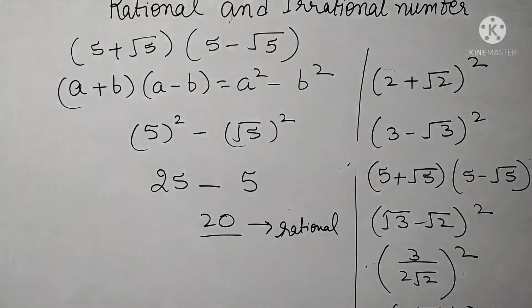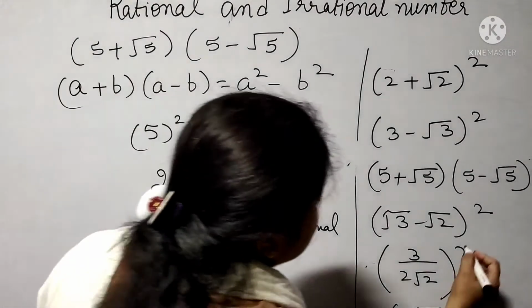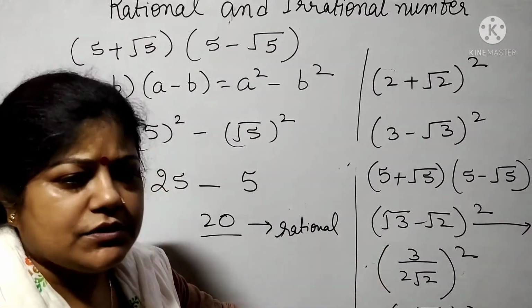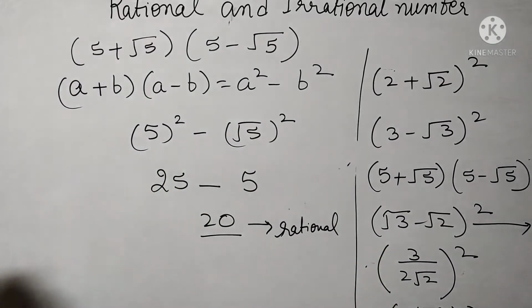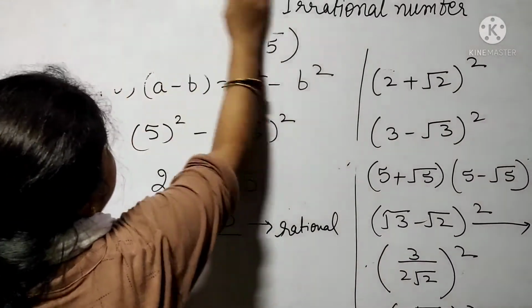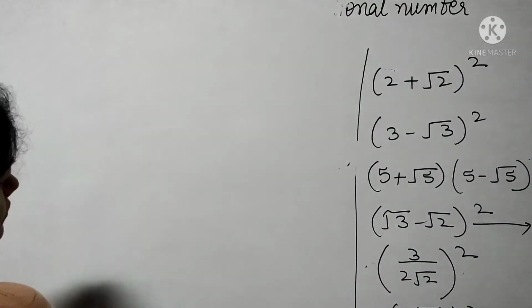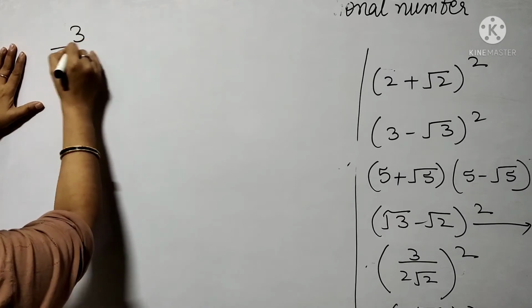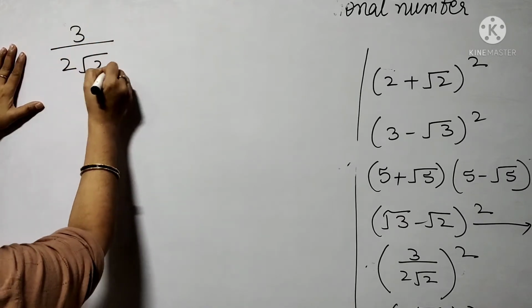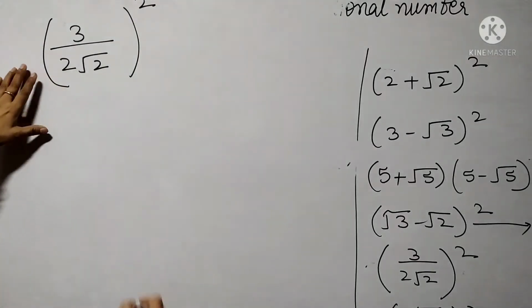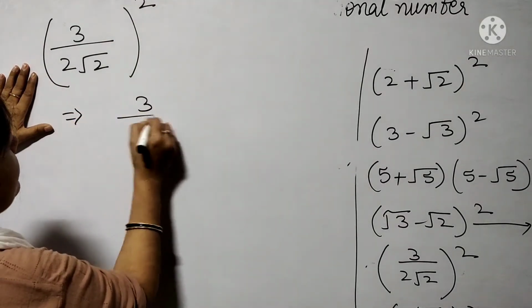I think the concept is clear to you. Now this question you can do on your own, and I am going to explain these questions. Now the next question we have 3 plus 2 under root 2 whole square. That means we have to write it 2 times.